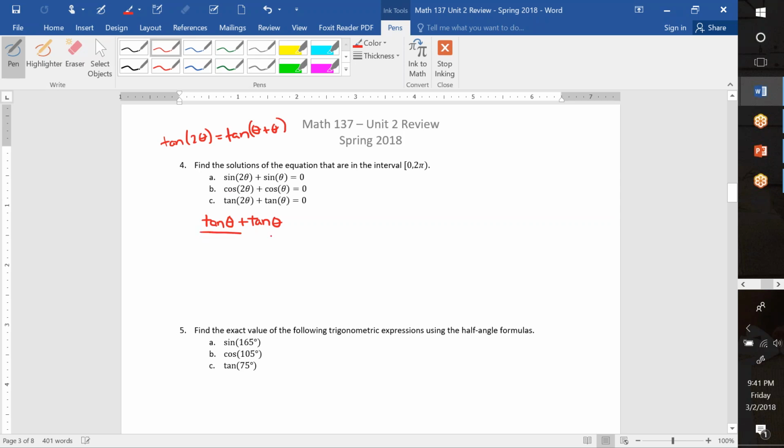So then this would be all over 1 minus tan times itself, so tan theta squared, plus this tangent theta equals 0. The top can be combined to be 2 tan of theta over 1 minus tan squared theta plus tan of theta over 1 equals 0.